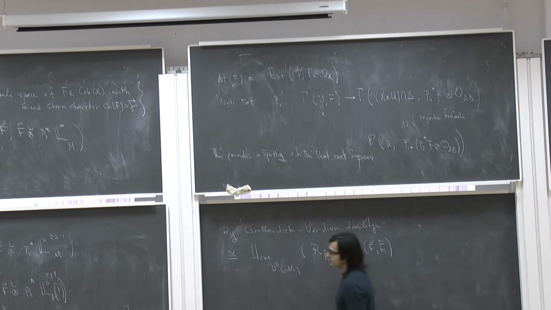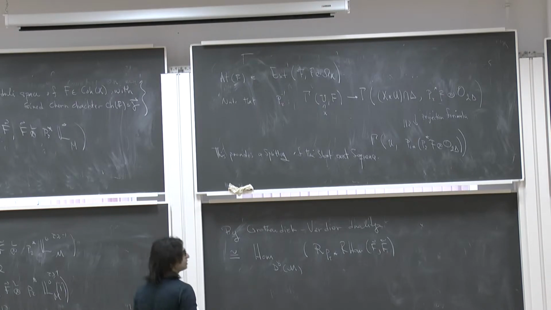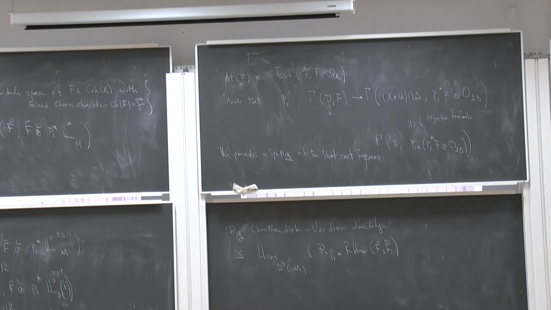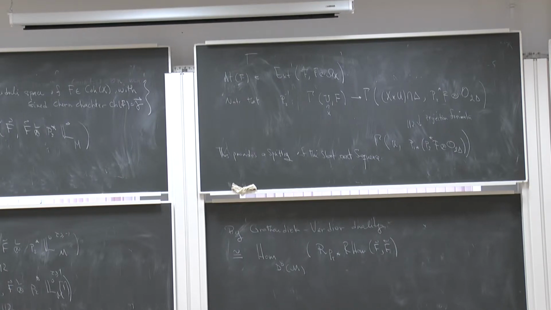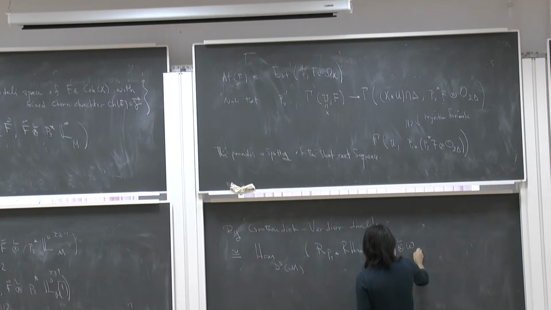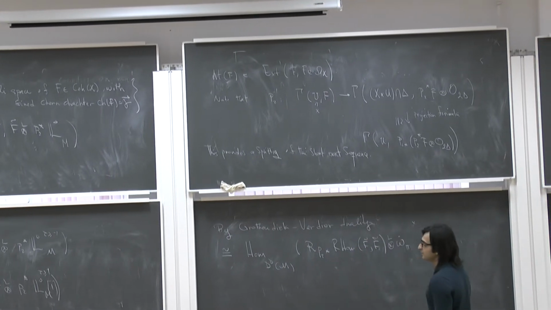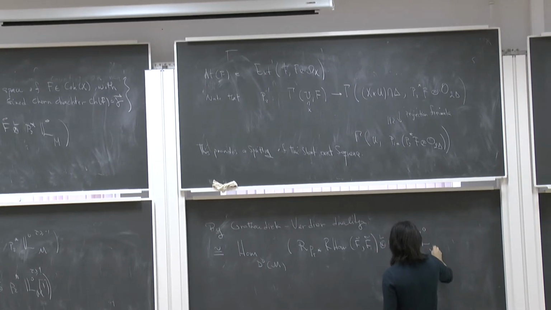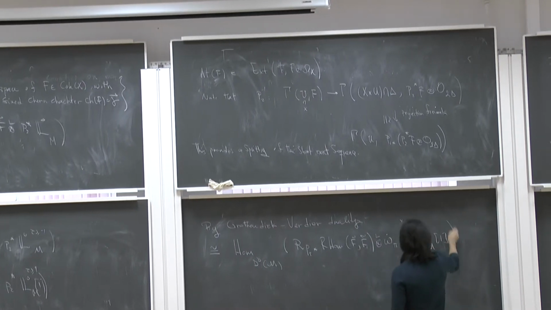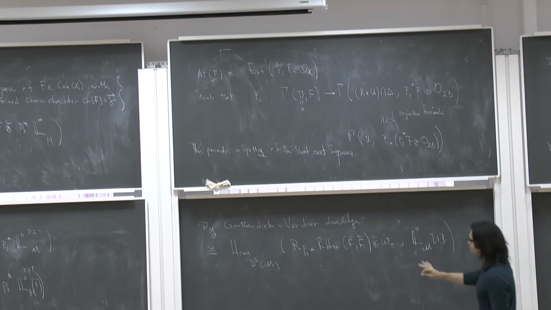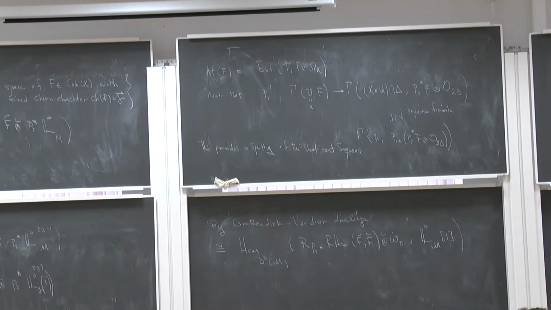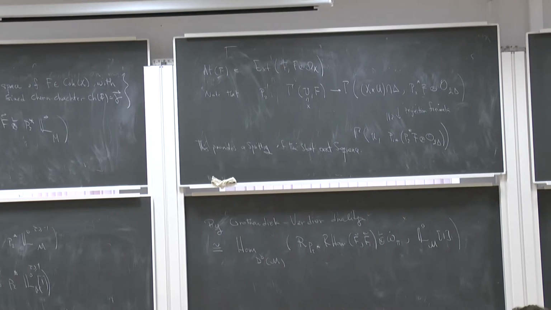Probably you need to tensor this with the relative dualizing complex here. So let's just say we do that. So this would be twisted by the relative dualizing complex, and then you will have only the cotangent complex of the moduli space shifted by one. And of course there is a shift by the relative degree of this projection P2.